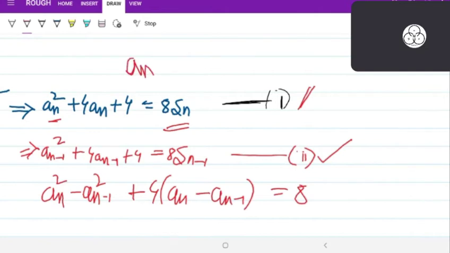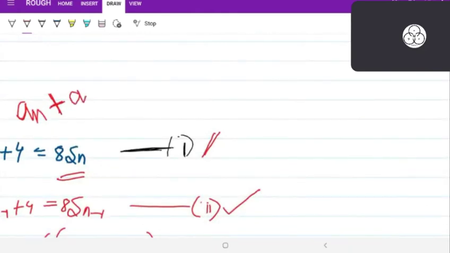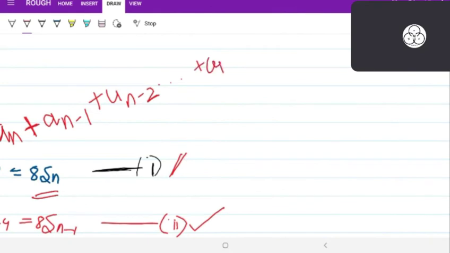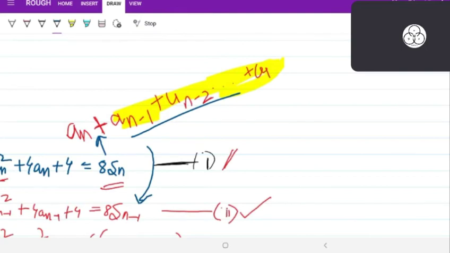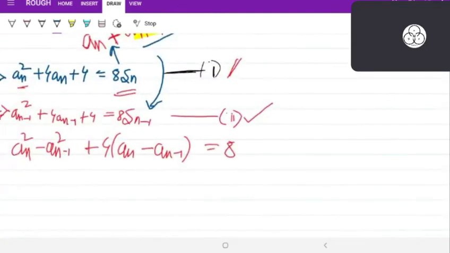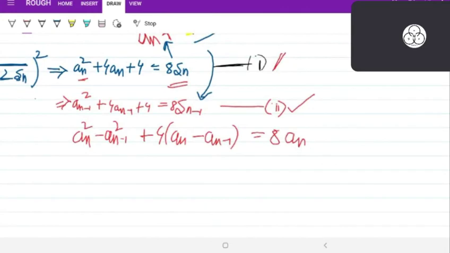An plus an minus 1 plus an minus 2, so on, a1, right? And what is this? This is Sn. Isn't it Sn minus 1? So what we will get here? Subtracting them, we will get 8an. This is the wonderful part.